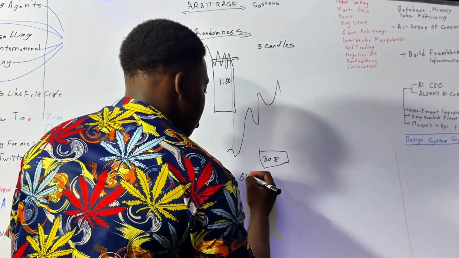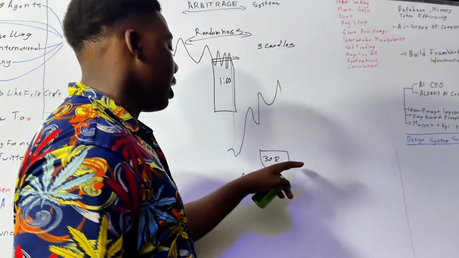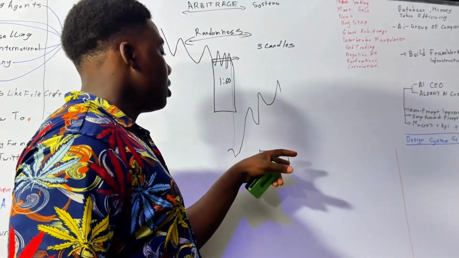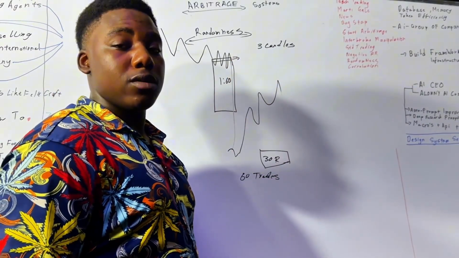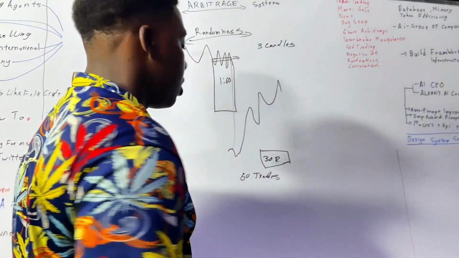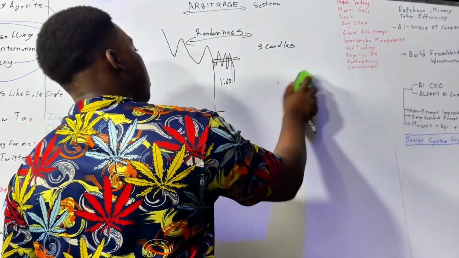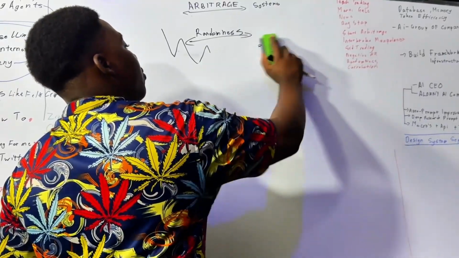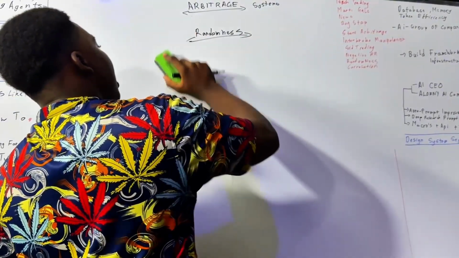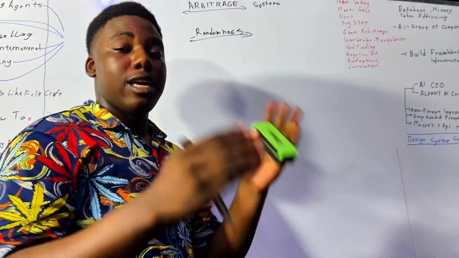So in 60 trades, you make 30R. You're going to get back 30 times what you risked. There's one way of trading with randomness. There are a lot more ways to trade with randomness, but that is one simple example.